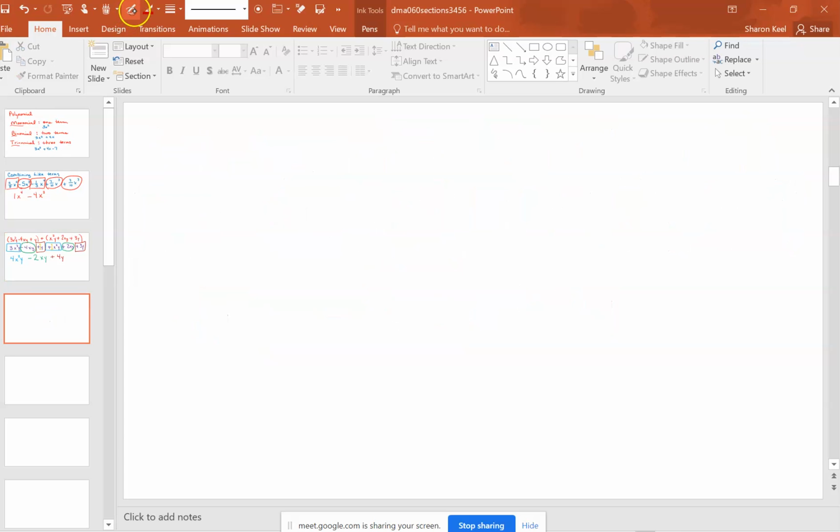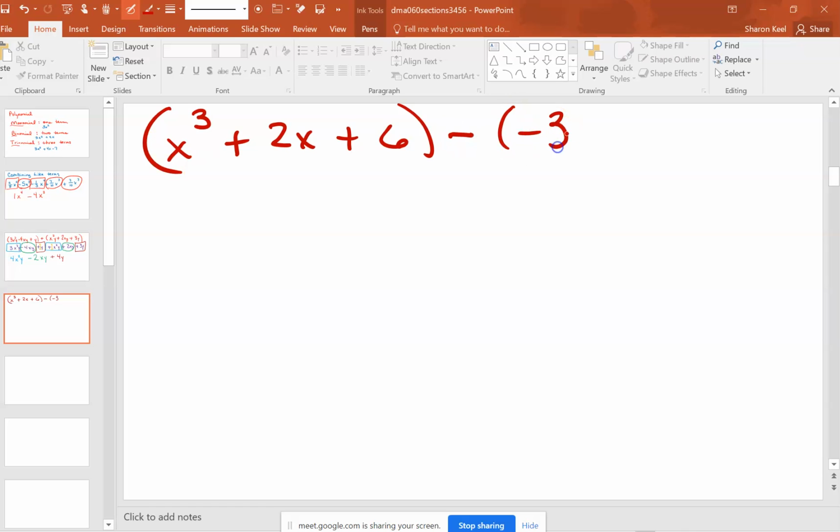For subtraction, if you will turn over to page 6-33. For this one, we have x cubed plus 2x plus 6. Then we have a minus, and we have a negative 3x squared minus 5x plus 3.